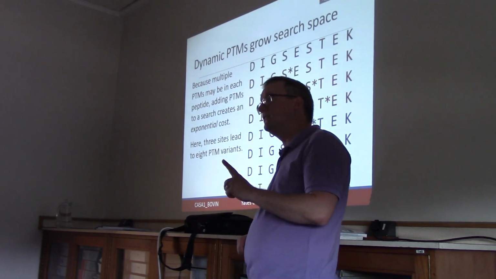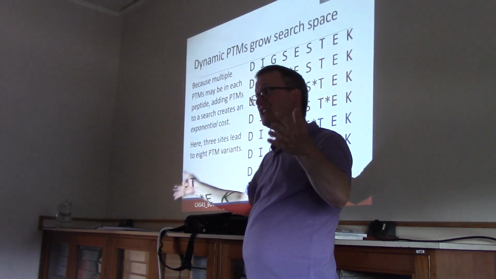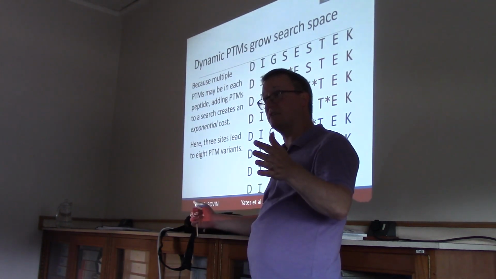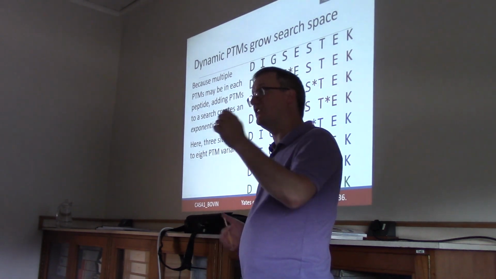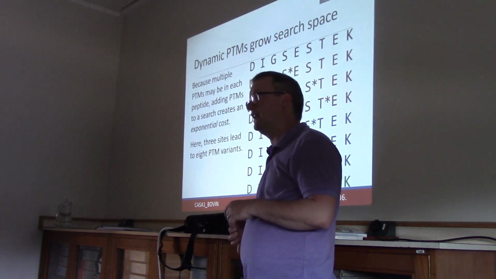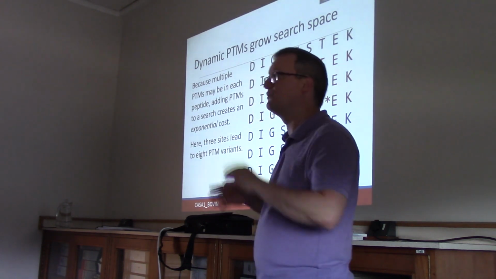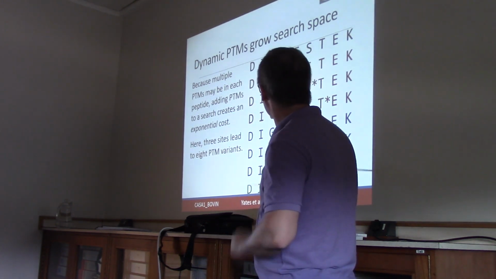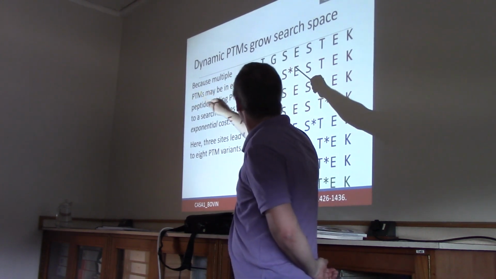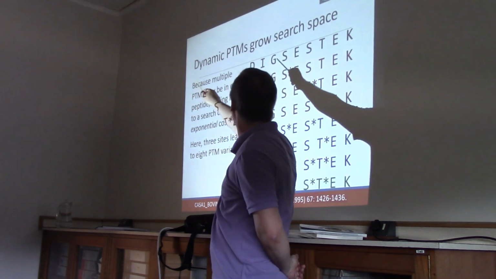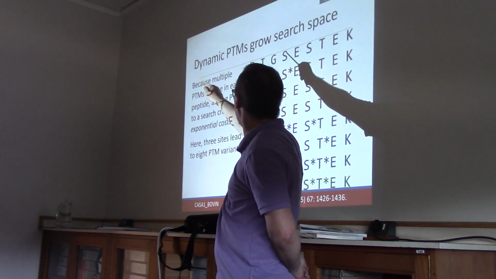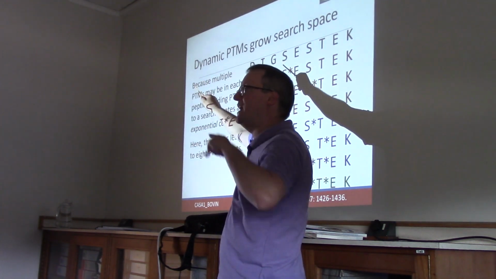In this case, we have an exponential expansion of our search space just by allowing for serine and threonine to be phosphorylated. And typically, we also allow for tyrosine to be phosphorylated, so it's even worse than this. So in this case, you can think of this as a branching path. As we work our way through this sequence, when we hit this first S, we have 2 possible paths we could follow.